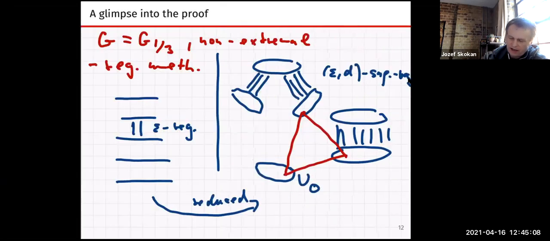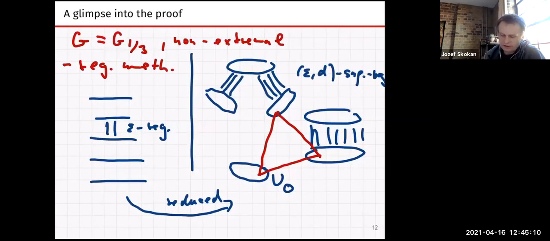Okay. And also what you will do, if you consider graphs of this form, this bipartite graph, then you remove just suitably many vertices from one side so that they will be slightly imbalanced. And then you use the random edges here and here to cover everything by the triangle.